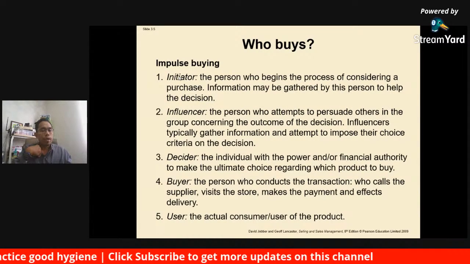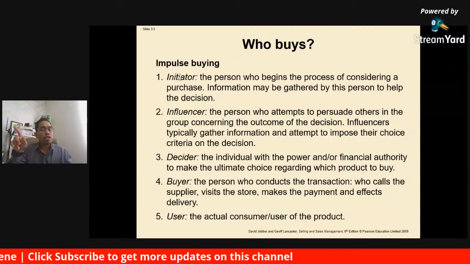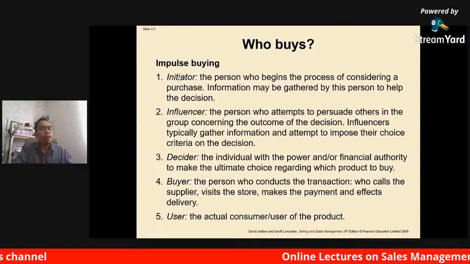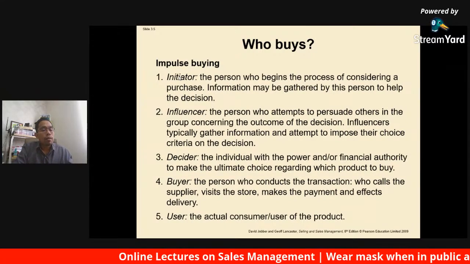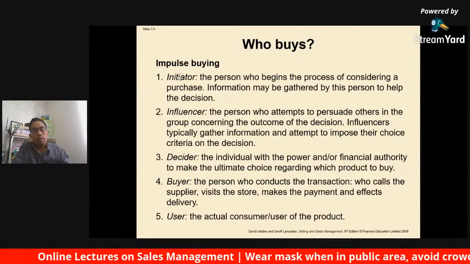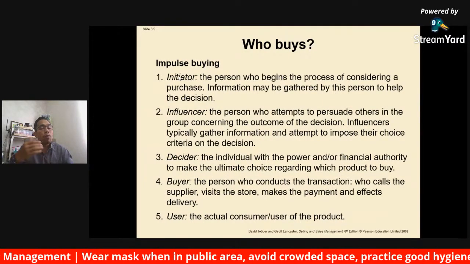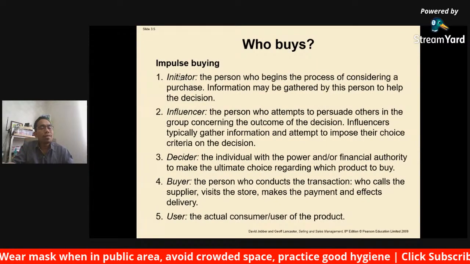So the buyer is the person in charge, who conducts the transaction, who calls the supplier, visits the store, makes the payment, and brings the product home or to the company. And who will use it?